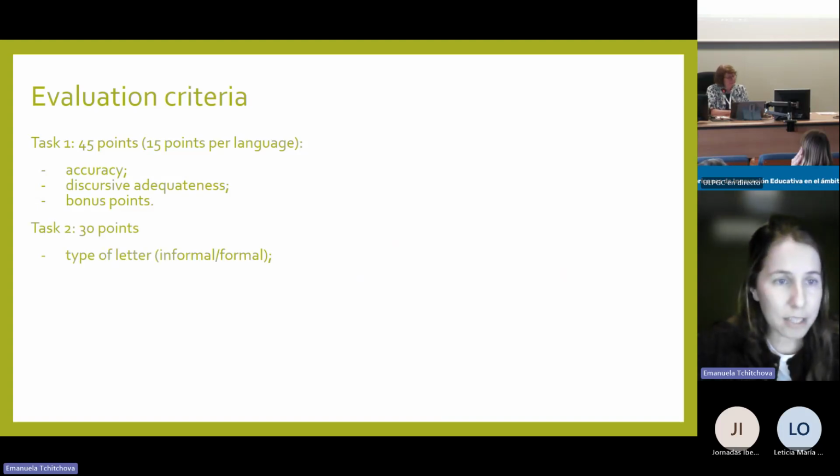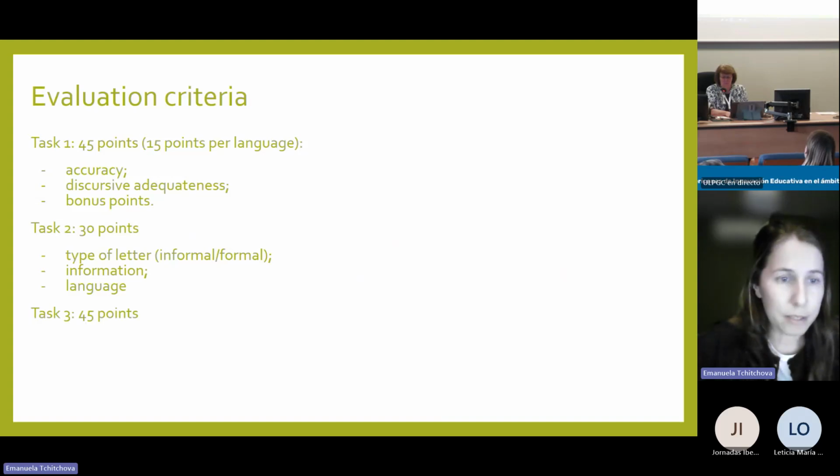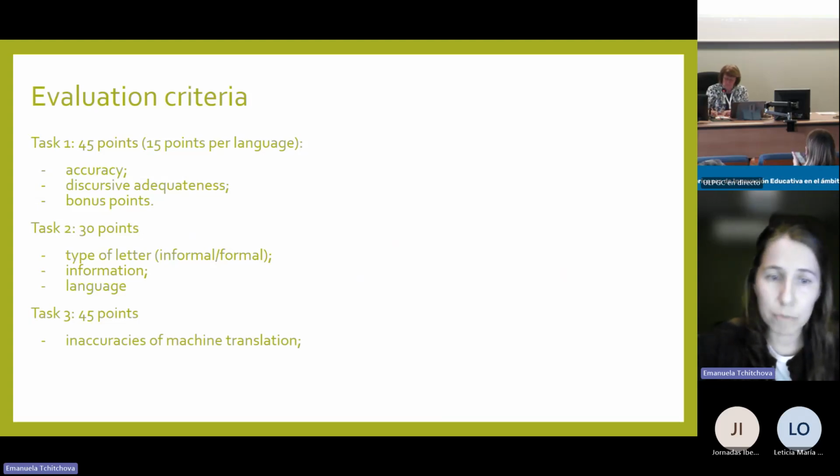For the second task, we assessed the type of letter, if it was formal or informal, if it had an introduction, a conclusion, a nice development, if the information was correctly conveyed from the French text, and of course the language, if the situation was adequately addressed. For the third task, the machine translation post-editing, they had 45 points, and they had to point out the inaccuracies of machine translation. They had to render the Bulgarian text accurately, and so they were marked on all of this.